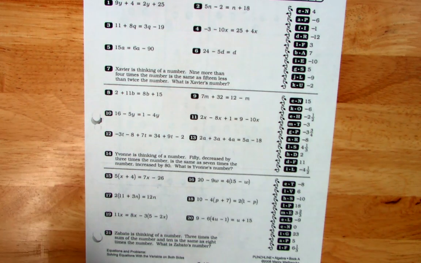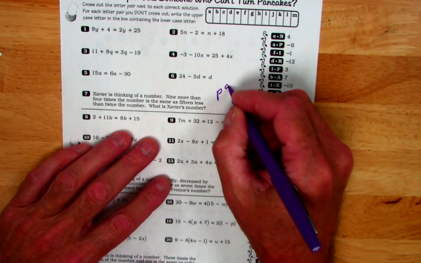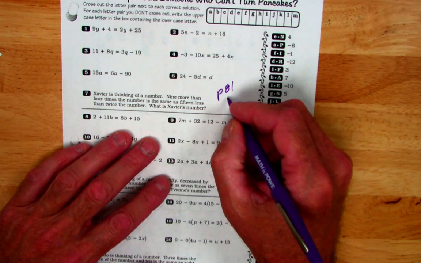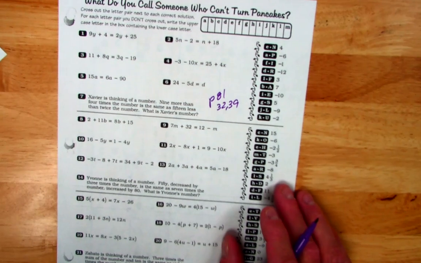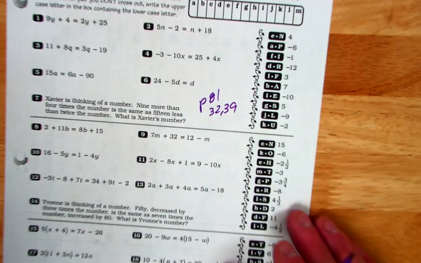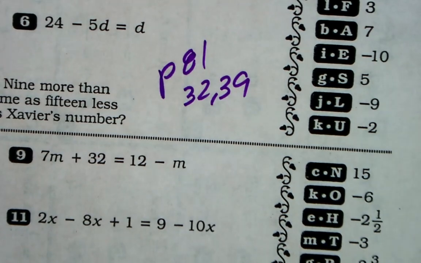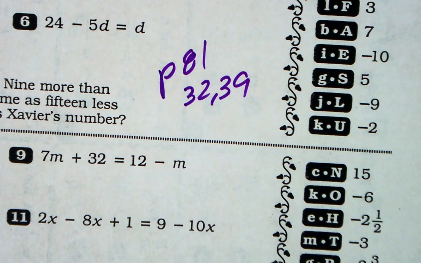Now we do have just 2 problems from the book. I'm going to do page 81, 32, and 39. Page 81, 32, and 39. The last class, almost everybody was able to get it done. So with you guys' extra time, I think you'll really be able to get it done. So this is a great opportunity. Like I said, get your solving skills where they need to be if they're not there already.